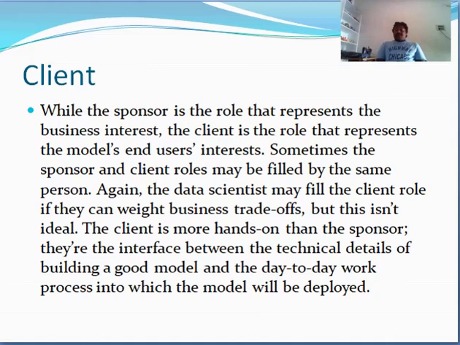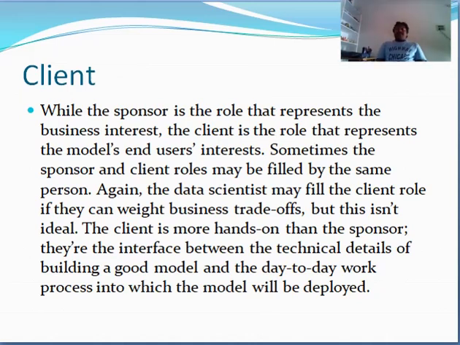The client is the interface between the technical details of building a good model and the day-to-day work process into which the model will be deployed.